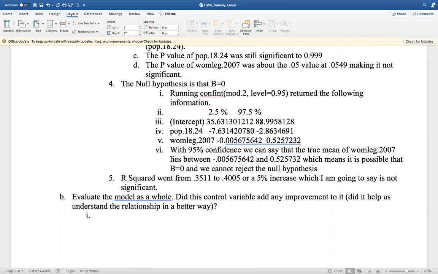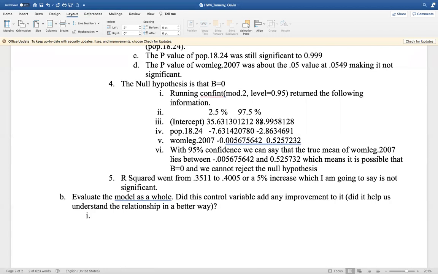And so remember, with 95% confidence, we can say that the true mean of yada yada lies between blah blah and blah blah. So we got the y-intercept, which we don't really care about. We know that population is somewhere between -7 and -2, cool.